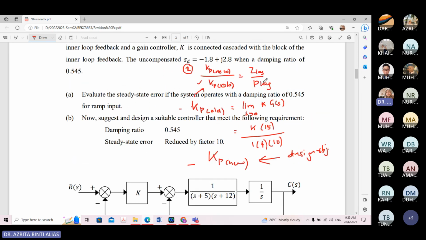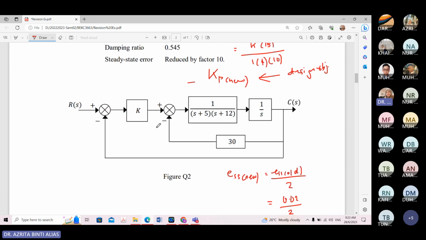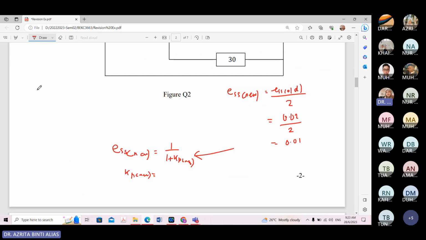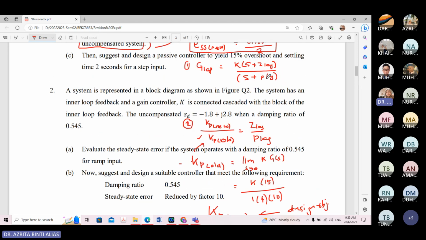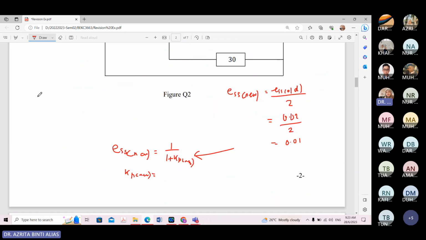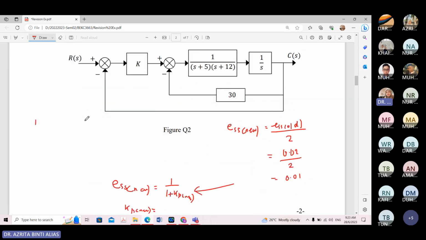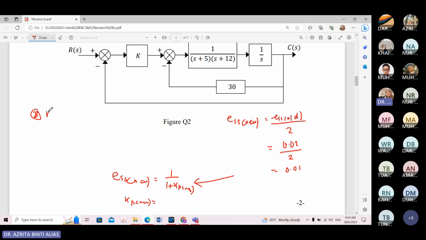After that, we already have the value of Kp old and Kp new. So we need to find the Z lag and P lag. So how to find them? Basically, we will assume either Z lag or P lag, but we always assume the value of P lag. So that is step number 3. We assume P lag equal to 0.1.